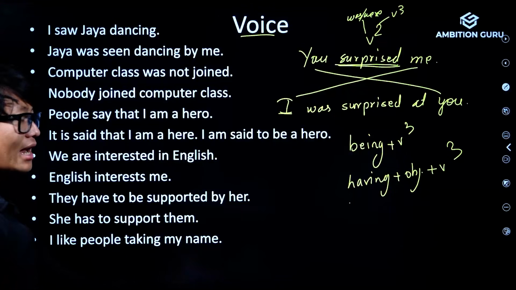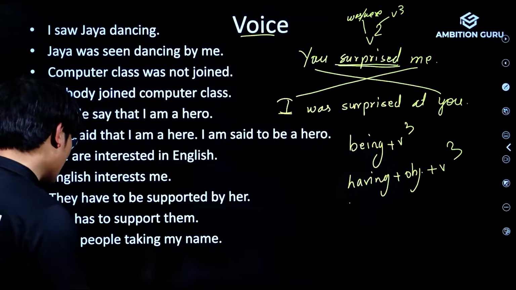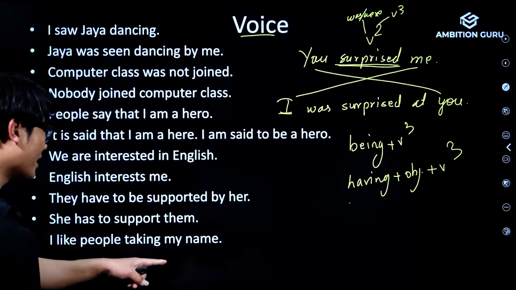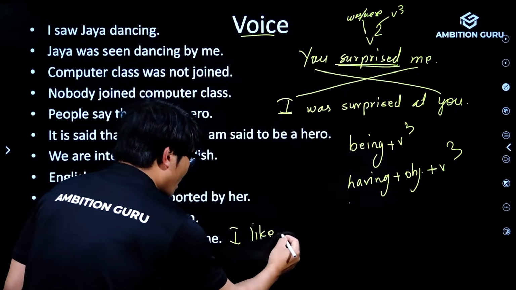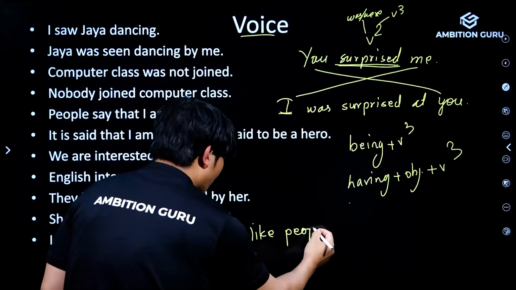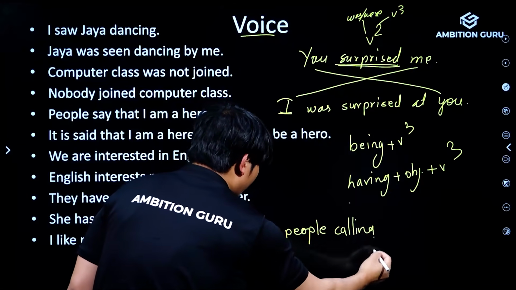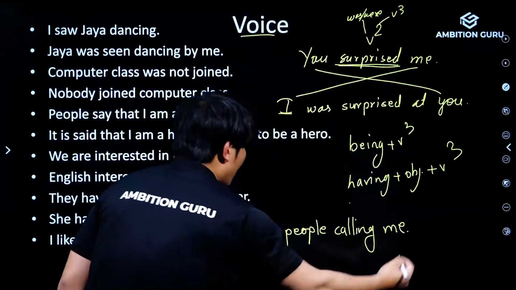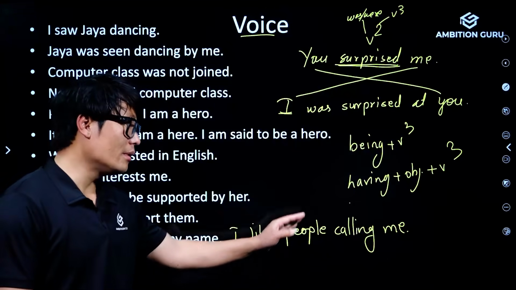So why is that correct? Let me first write another sentence so that you can compare it and know this. I like people taking my name. Now, if I write here, I like people calling me. You need to understand now: I like people taking my name, I like people calling me.